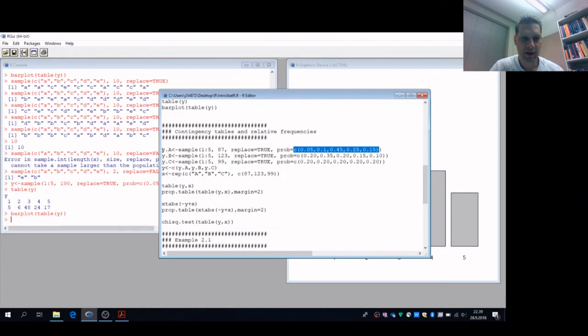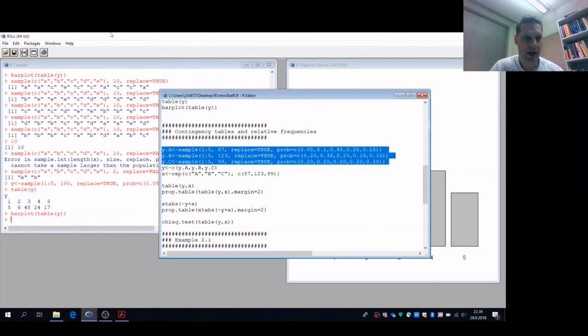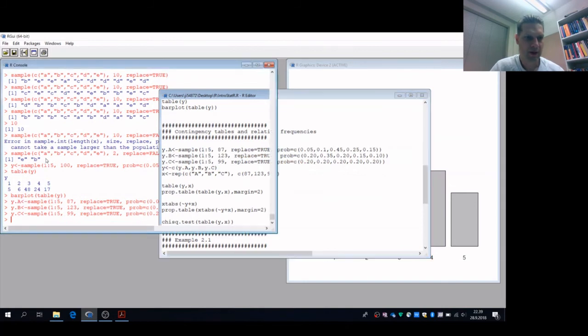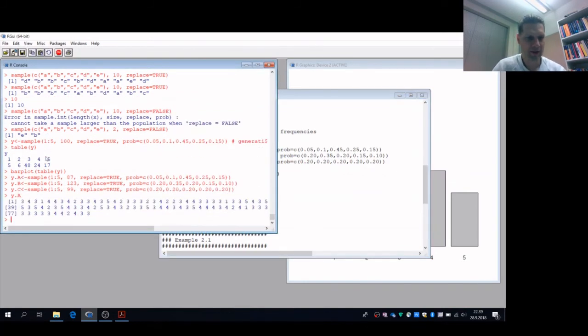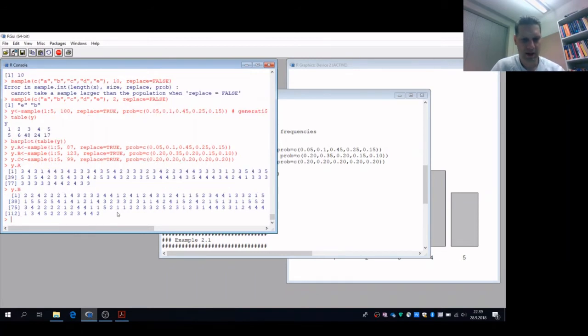If I run this code, we have these vectors YA, which look like this. There are values from 1 to 5 with these probabilities, and you can see there are not so many ones because the probability of one occurring is just 5%. The same applies to B and YC.